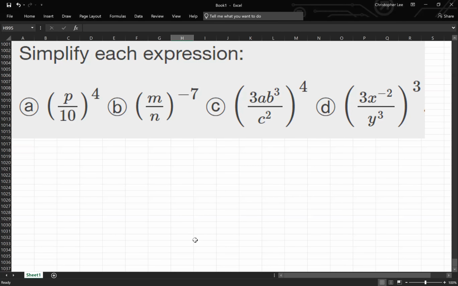All right, let's take a look. Looking at A, I have p over 10 raised to the fourth power. Everybody gets the power. This equals p to the 4 over 10 to the 4. Questions? All right.